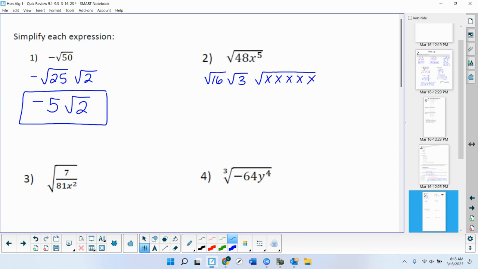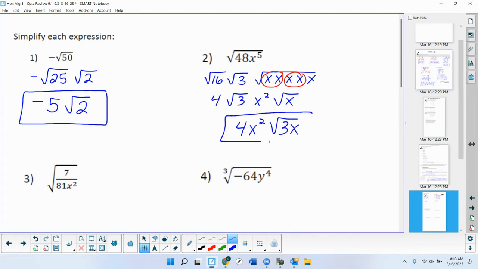Okay, what's the square root of 16? 4. You got the square root of 3. Now we're looking for groups of what? 2. How many groups of 2 got to come out? 2. So that'd be x squared and then square root of x. Now rearrange your outies with your outies and your innies with your innies. What do you have? 4x to the second, square root of 3x.